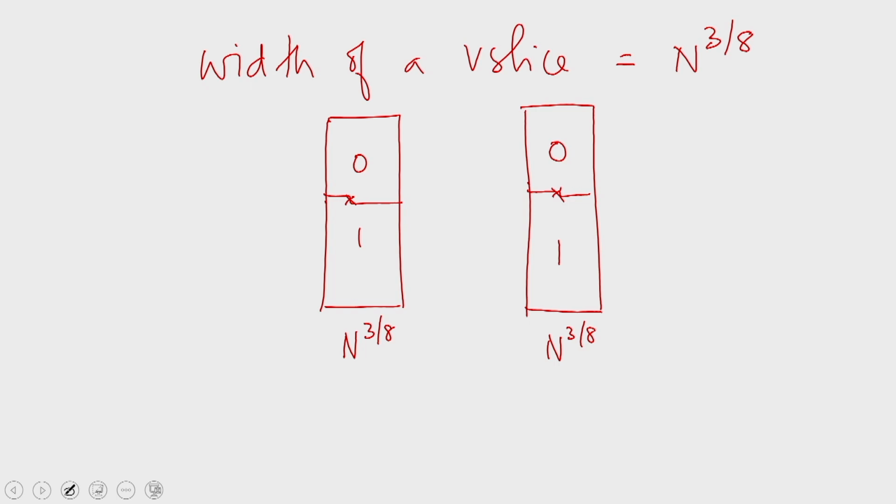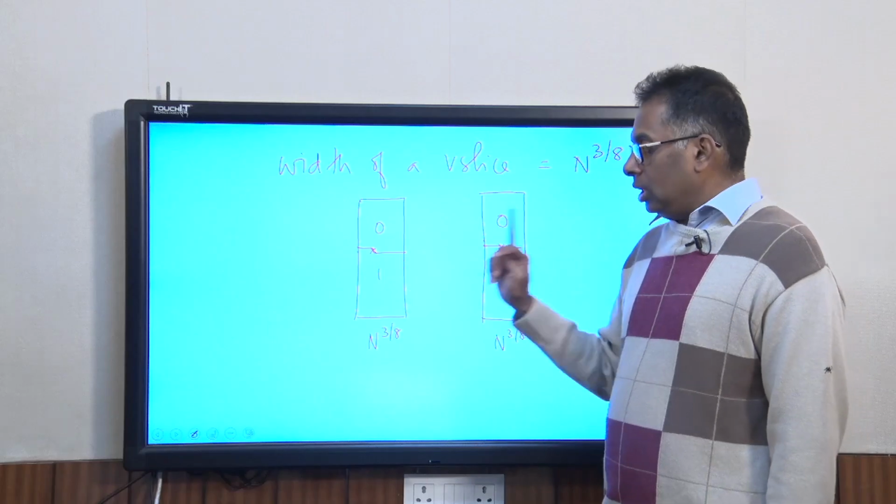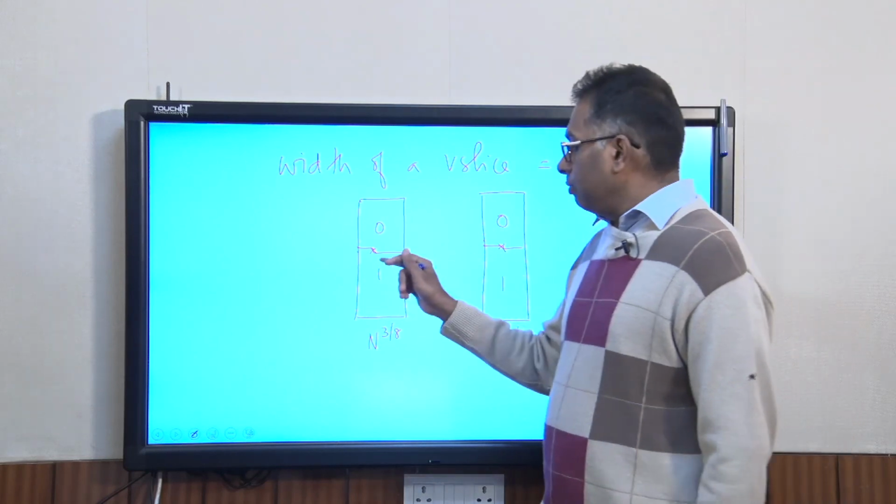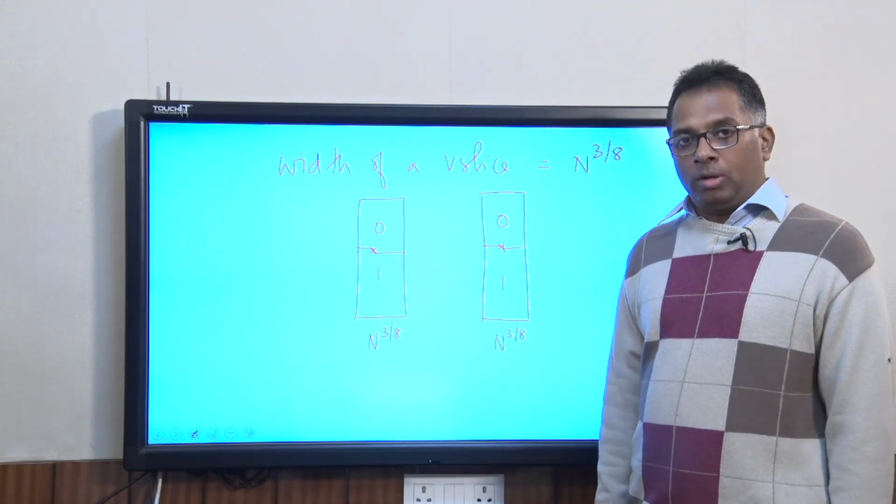Therefore, we can safely say that the kink in one vertical slice is either in the same row as the kink in another vertical slice, or it is in an adjacent row. If you take the vertical slice with the least number of ones and the most number of ones, we find that their kinks differ by at most n power 1 by 4.